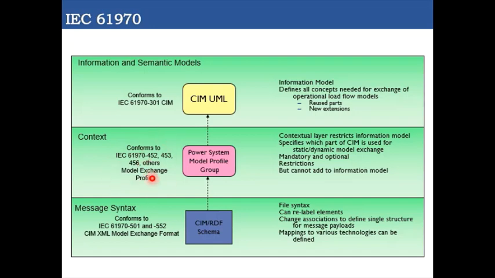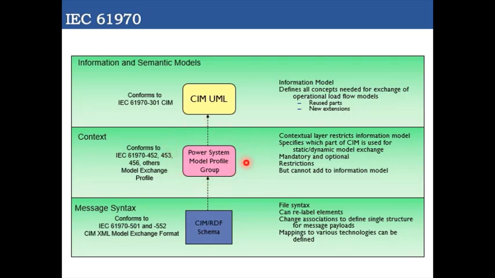So we can utilize those standard profiles which are available in these subsections of IEC 61970, or if required, we can create our own profile for a particular required data exchange.